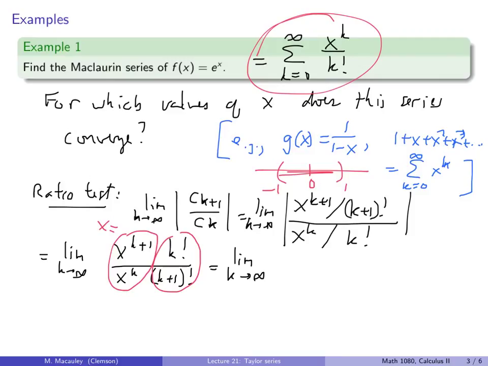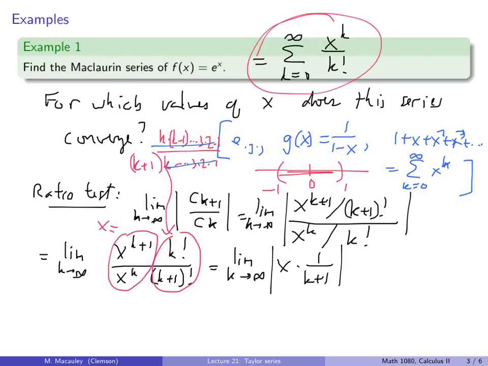Let me draw a little array. Remember what that is. On the top, it's k times k minus 1, all the way down to 3 times 2 times 1, and on the bottom that's going to be k plus 1 times k all the way to 3 times 2 times 1. So each one of these is going to cancel with that, and we're going to get 1 over k plus 1. So this is the value of x times 1 over k plus 1.